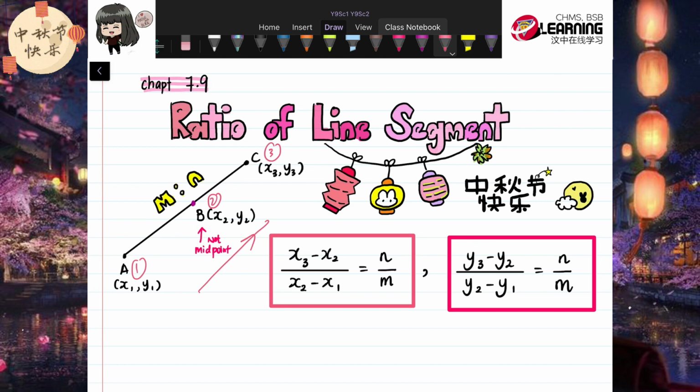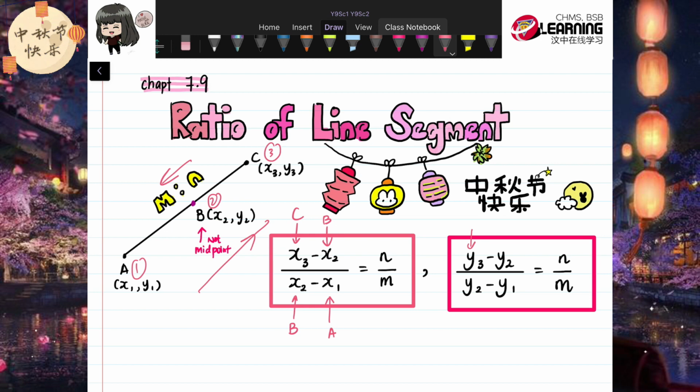The formula here is: the x coordinate of C, the third point, minus the x coordinate of B, over the x coordinate of B minus the x coordinate of A, equals the ratio n over m.